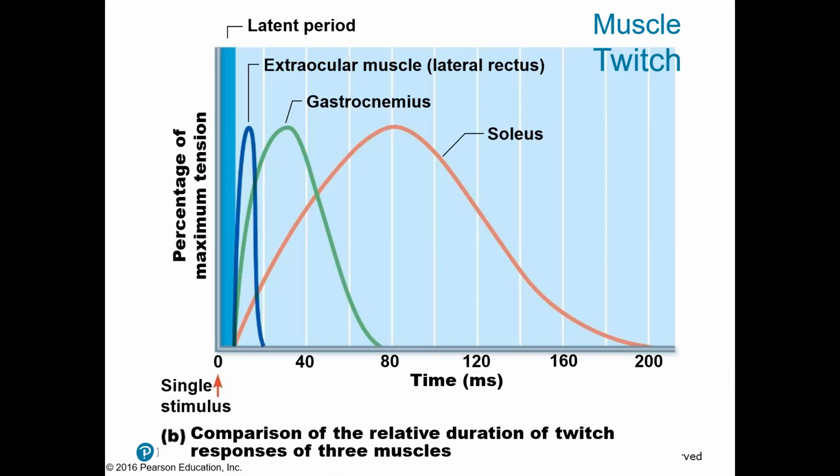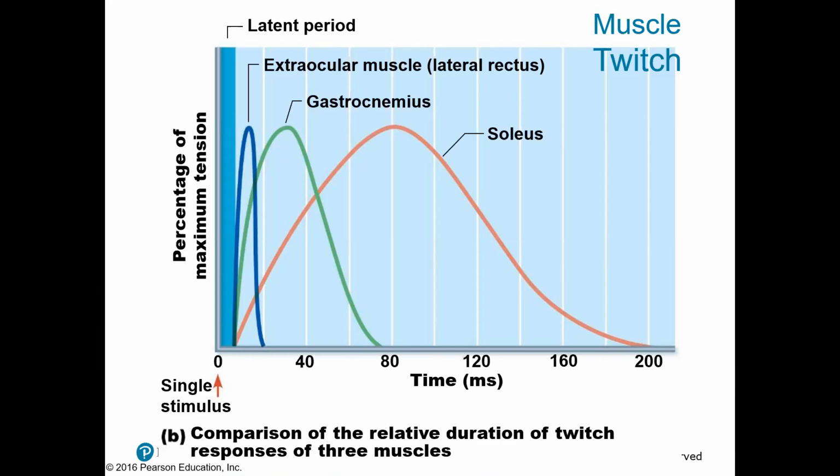So we have a greater need for our eyeballs to move quickly. So we contract and then we relax very, very quickly, from the stimulus to the relaxation phase about 20 milliseconds.